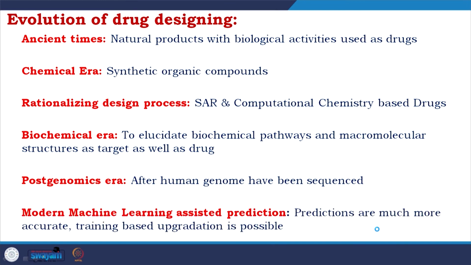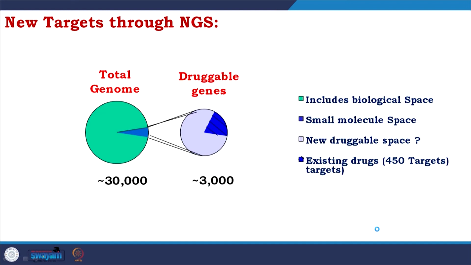Modern machine learning assisted prediction, predictions are much more accurate, training based upgradation is possible. So, NGS is now providing us with new targets. We had the total genome, but now we look into the druggable genes.